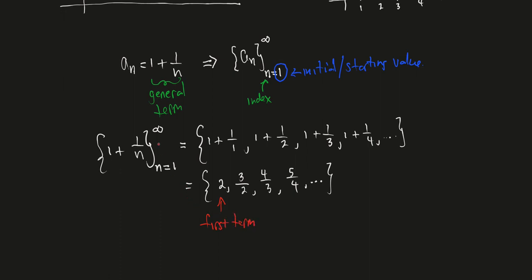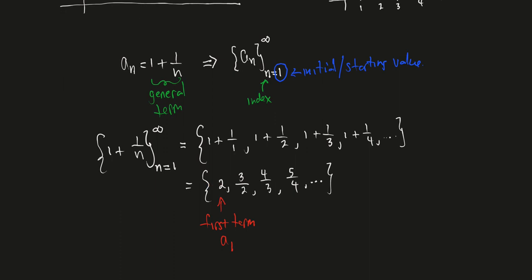Right? And in this case, with this as my a, I can indicate it as a sub 1, right? Because the integer 1 is the first value of my index. So when I evaluate my sequence at that initial value of my index, I will get the first term.